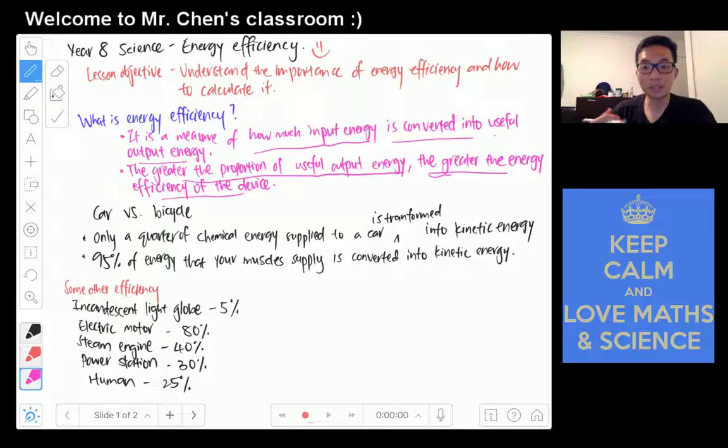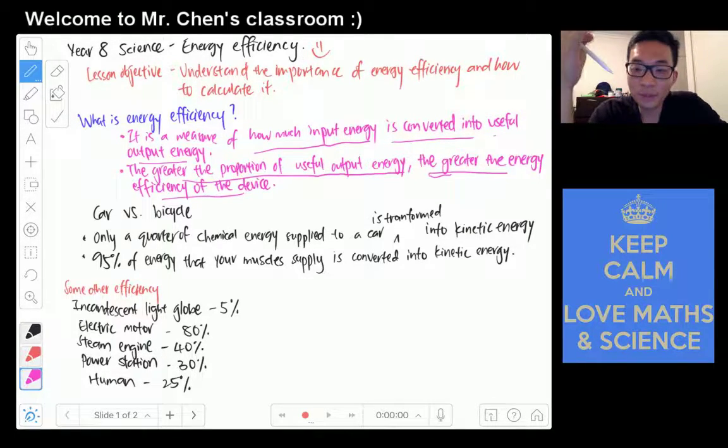So it's very straightforward. Let's look at an example. Car versus bicycle, which one do you think is more energy efficient? Just have a think, without looking at the notes. The answer is that the bicycle is more energy efficient.